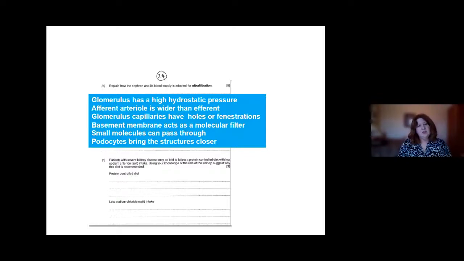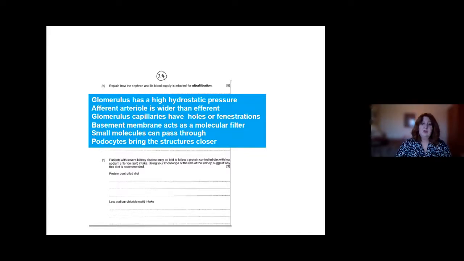And then this question below it: patients with severe kidney disease may be told to follow a protein controlled diet with low sodium chloride intake. Using knowledge of the role of the kidney, suggest why the diet is recommended.